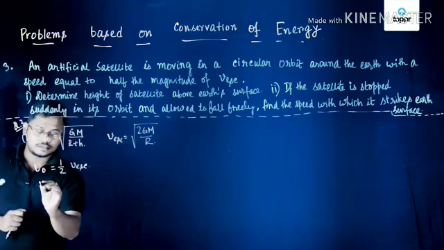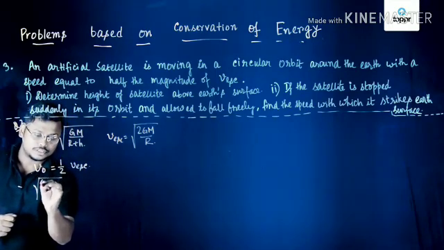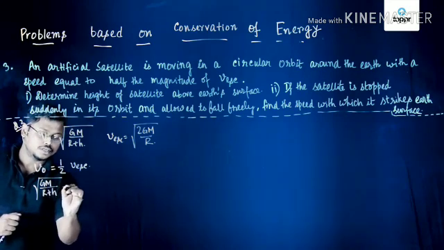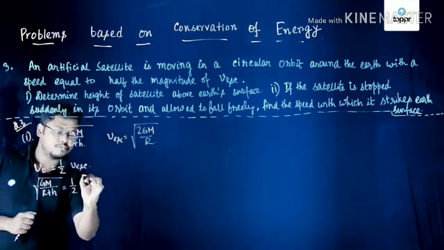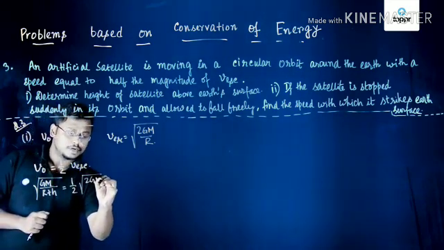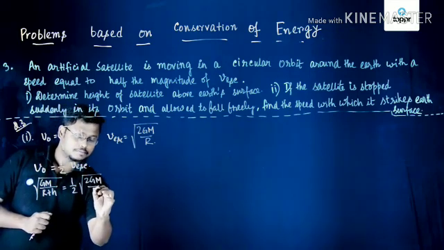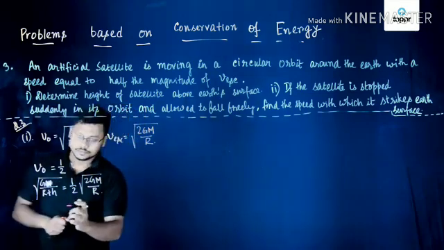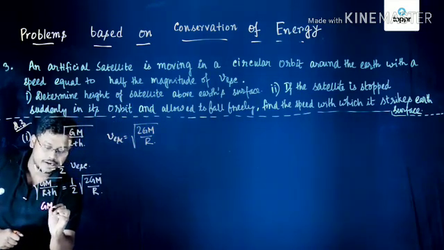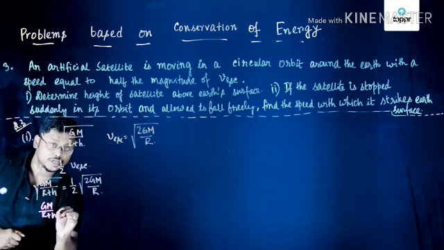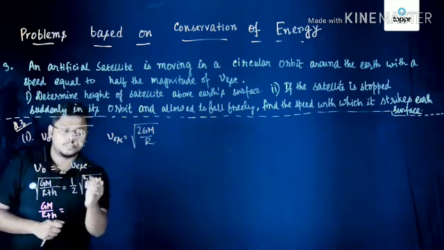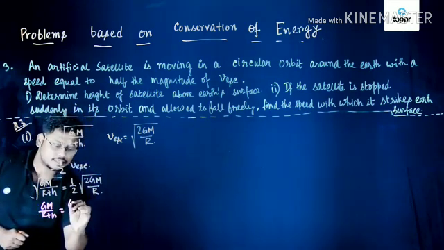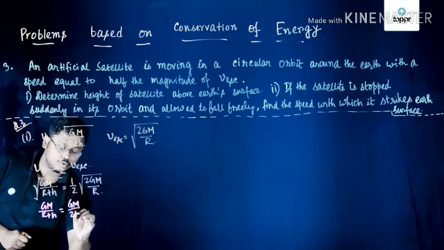So we can write it as square root of GM divided by R plus h is equal to half of root 2GM divided by R. So let us square both the sides. So it will be GM divided by R plus h equal to, if I square this, it will be 1 by 4, and 2 gets cancelled, that is GM divided by 2R.